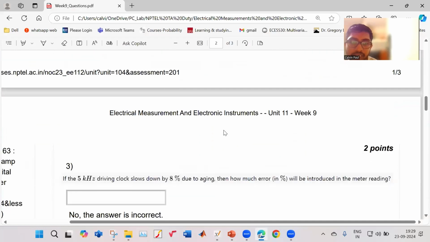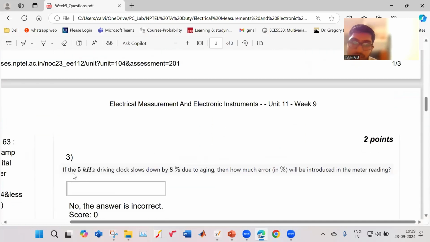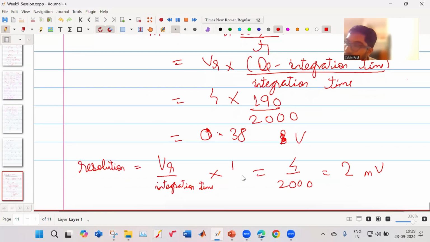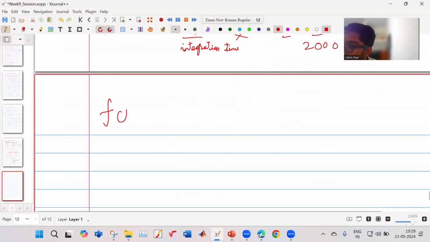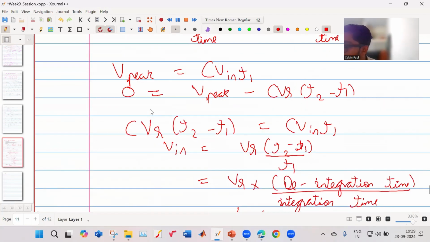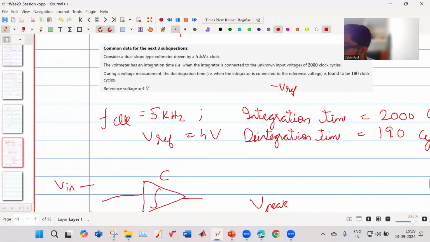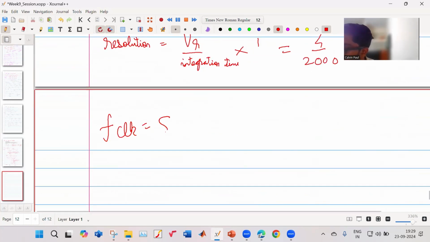The next part of the question is saying if the 5 kilohertz driving clock slows down by 8% due to aging, then how much error in percentage will be introduced in the meter reading? So they are saying F clock, which was initially 5 kilohertz, slows down by 8%.